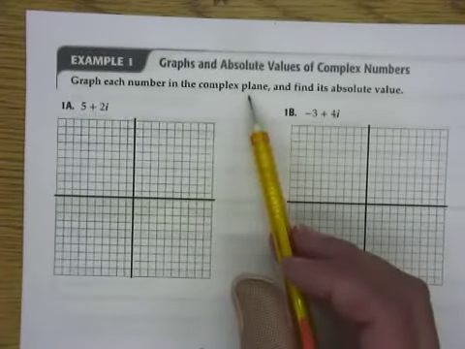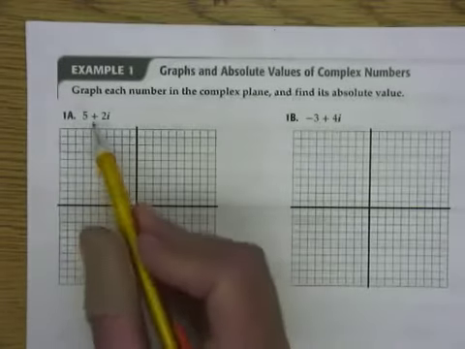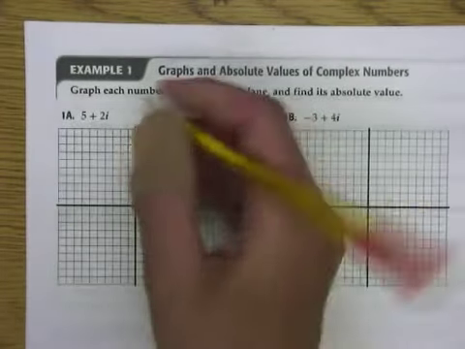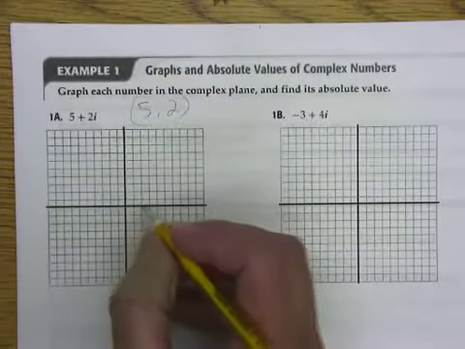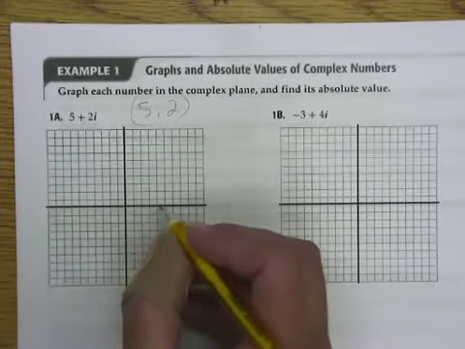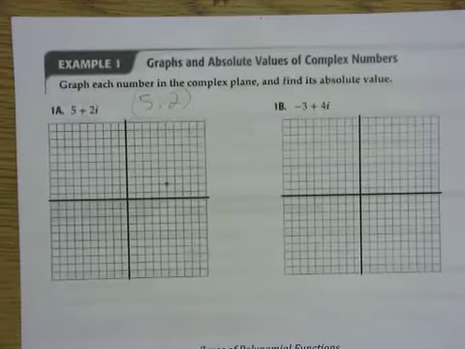So the first thing they're asking us in this example is simply to graph the number in the complex plane. So my number is 5 plus 2i. I would graph it as 5, 2, which is here.